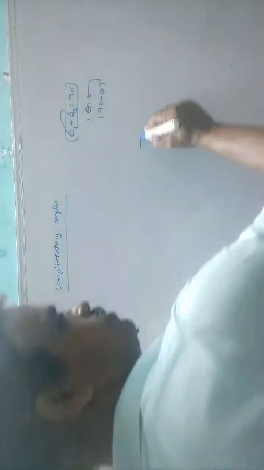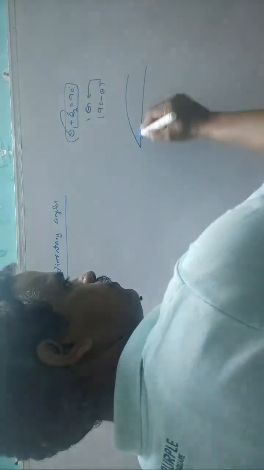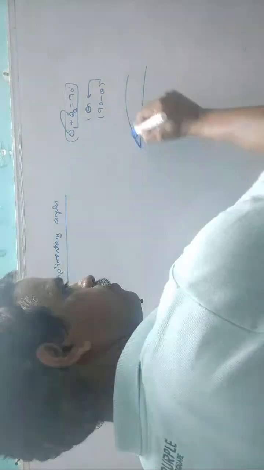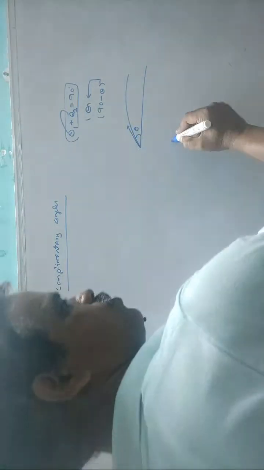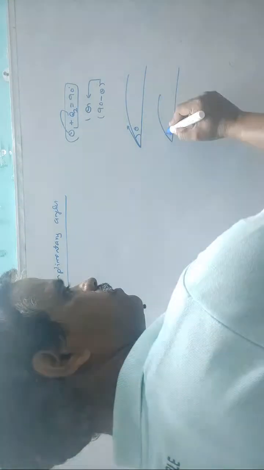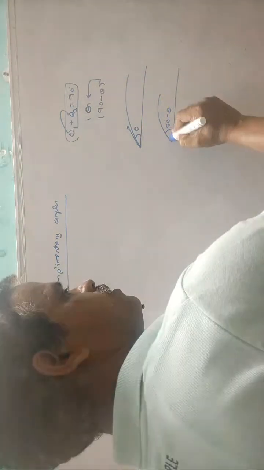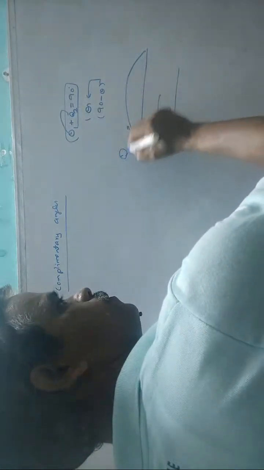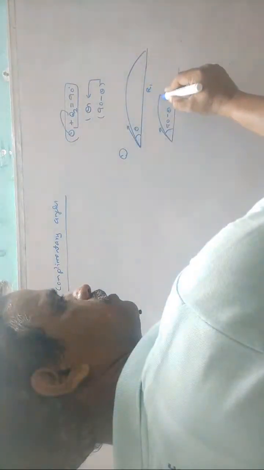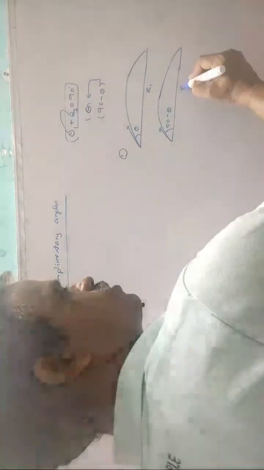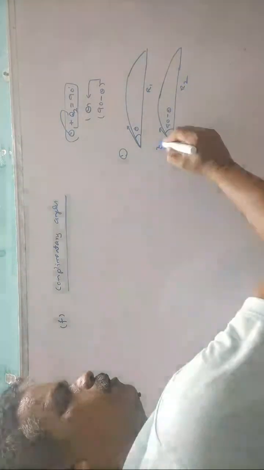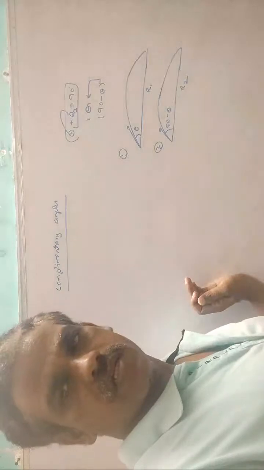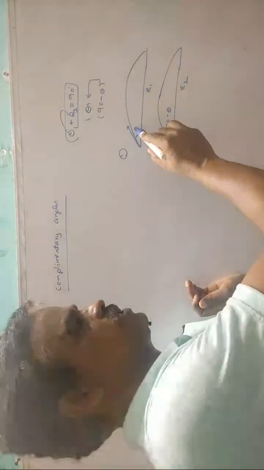So if we project with theta, and one more time we project with 90 minus theta, in the first case the range is R1, in the second case the range is R2. In the first case, the projection angle is theta.